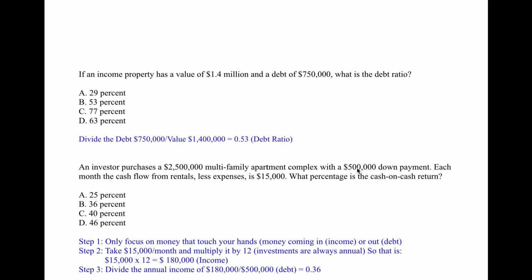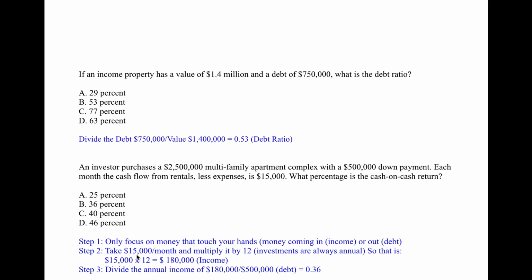That's money that went out of your hands, right? And then it says each month the cash flow from the rentals less expenses is 15,000. So that's money that's coming into your hands. So you've got money coming in that you're touching, and money that went out that you're touching. Those are the two numbers you're going to focus on. Why? Because it talks about cash on cash. And that's step one.